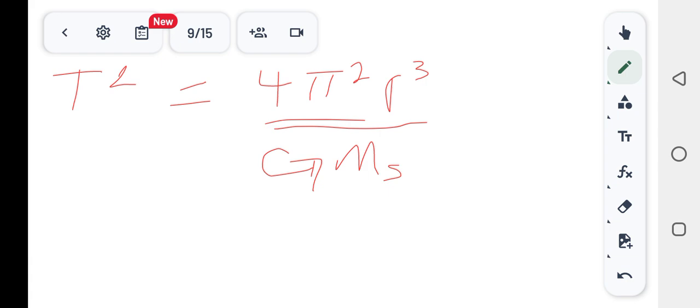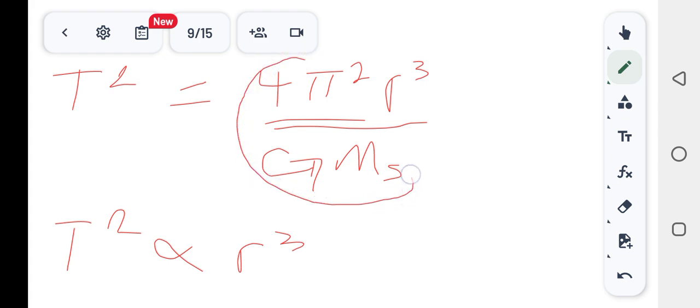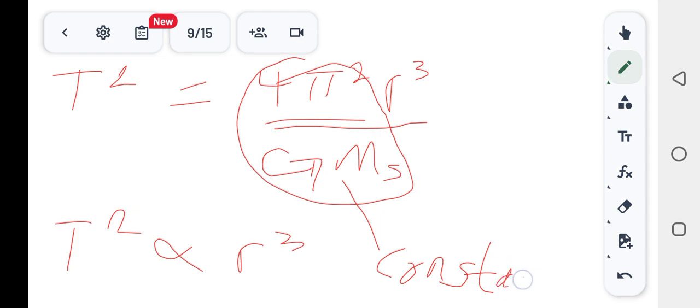When t squared is directly proportional to r cubed, 4 pi squared all over GM is a constant, and this constant is the same for all planets.